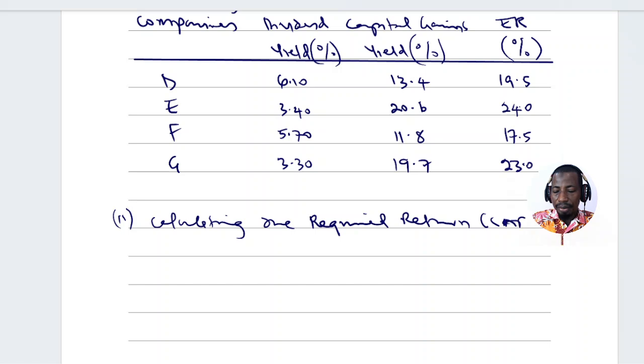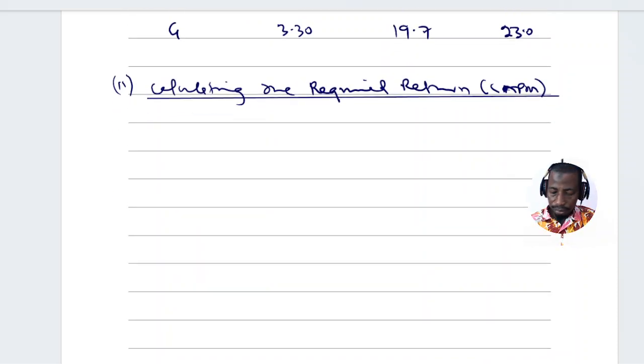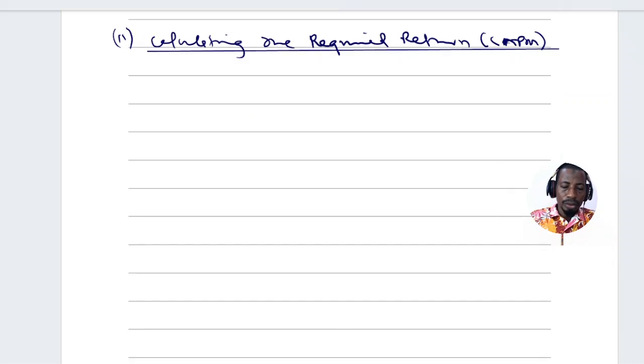Calculate CAPM. Now, the required return, denoted as RS, is equal to the risk-free rate of return plus the beta value into market return minus the risk-free rate of return.